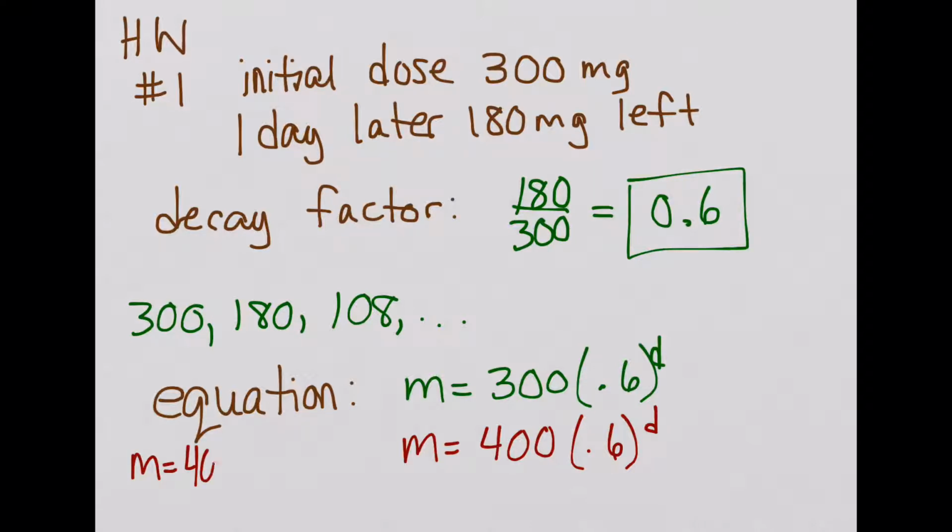And so that would have been maybe 400 times 0.45 to the D. I'm actually not going to use that one. I'm going to just assume that this penicillin decays at the same rate. And so we'll use this one.